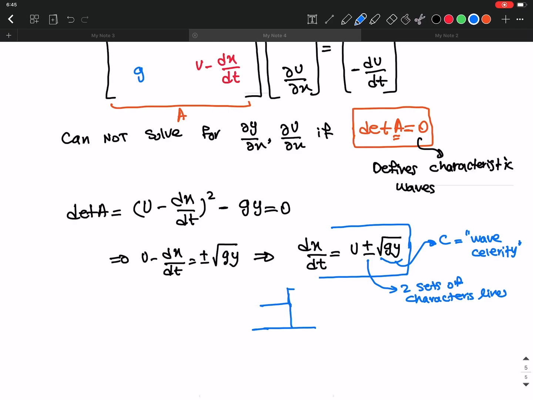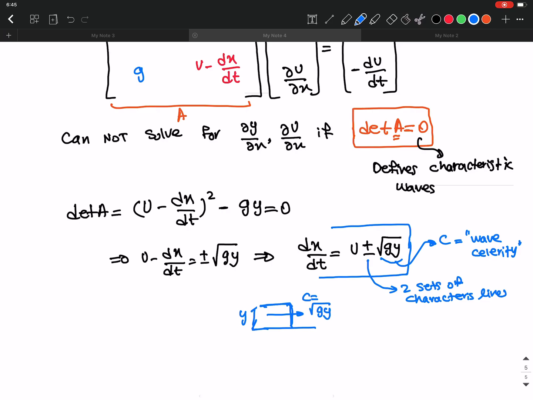There can be a gate here, and then you just release this. The water is going to move with, if this is y, square root of gy. So this is the speed of the wave.